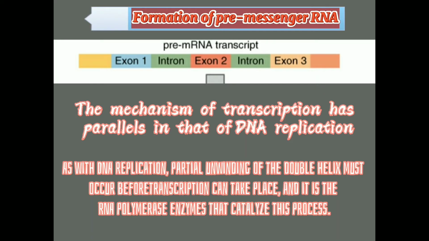Formation of pre-messenger RNA. The mechanism of transcription parallels that of DNA replication. As with DNA replication, partial unwinding of the double helix must occur before transcription can take place, and it is the RNA polymerase enzymes that catalyze this process.